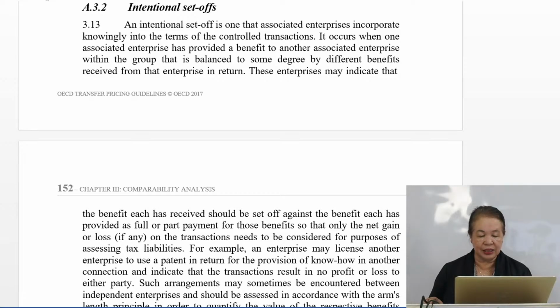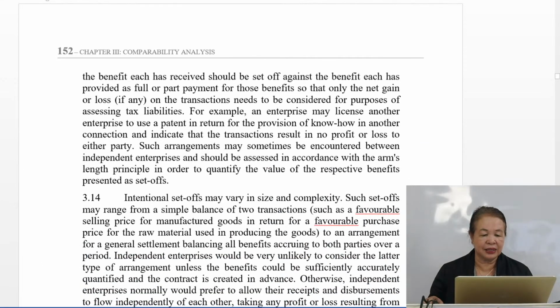So, nag-set off na lang sila ng mga benefits that they both give and receive to each other. Kaya nga set-off. These enterprises may indicate that the benefit each has received should be set off against the benefit each has provided as full or part payment for those benefits, so that only the net gain or loss, if any, on the transactions needs to be considered for purposes of assessing tax liabilities.